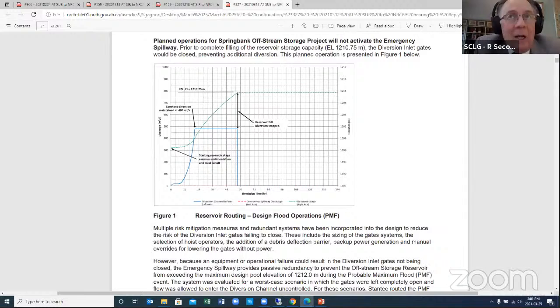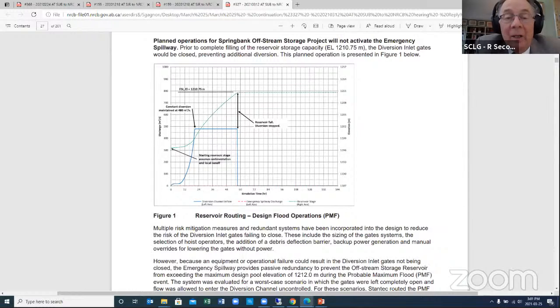So, Mr. Manager, I don't think you understood my question. I'm thinking here of worst case scenarios. My question was, as the low level outlet has been sized to drain the reservoir over 30 days, what are your contingencies should a dam safety incident occur that requires a rapid dewatering of the SR1 reservoir?